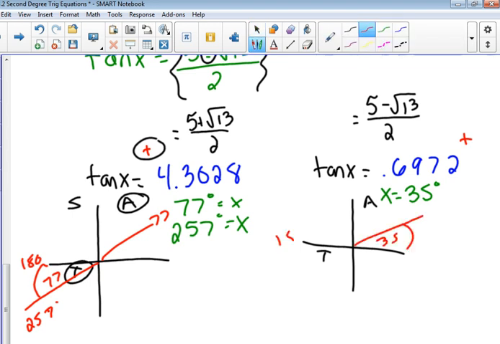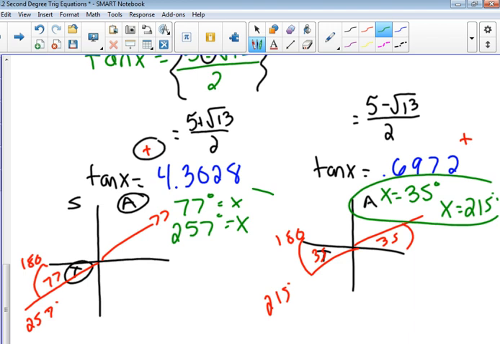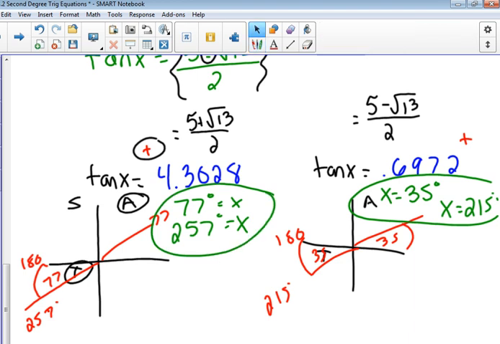If you guys want to get into the T, what did you have to do with the 180? Plus it, good. So 215, awesome. So 215 is going to be my other option. So yeah, this time we have 4 options that would work here.